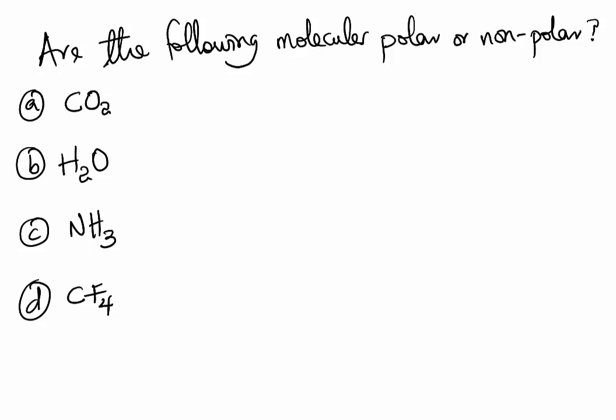Are the following molecules polar or nonpolar? Let us begin with carbon dioxide, CO2. Before you can answer this question, you first will need to draw the Lewis structure for the molecule. We have done this before.